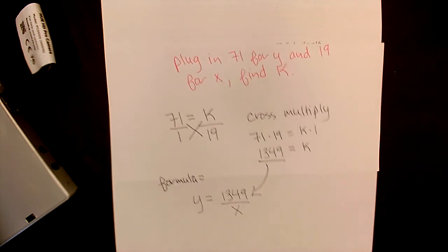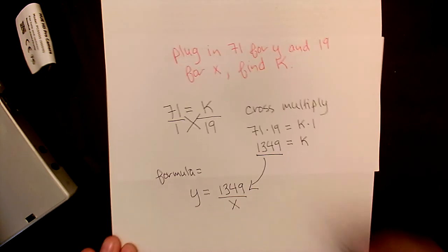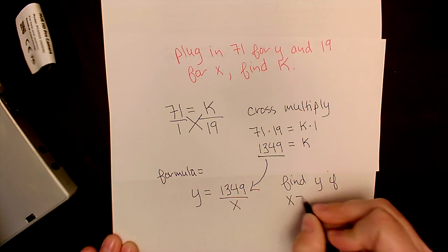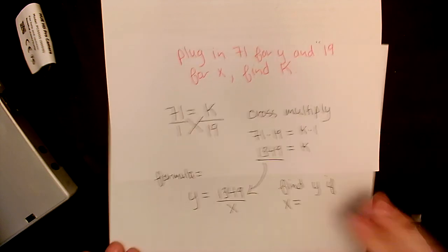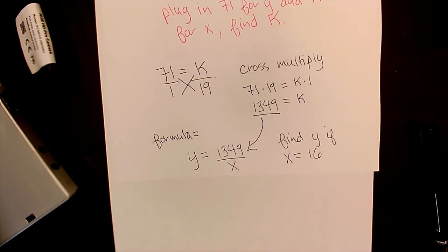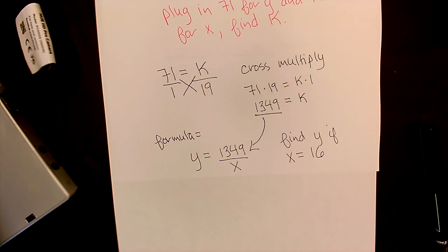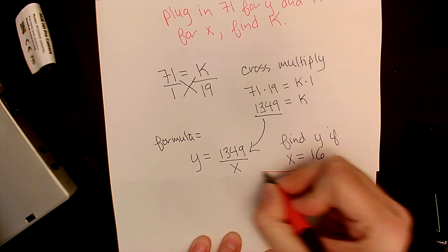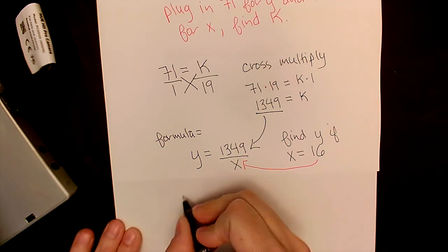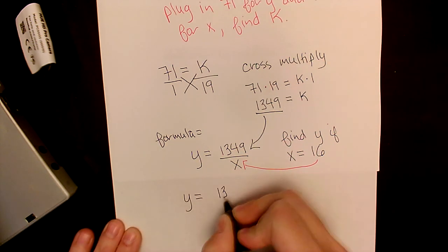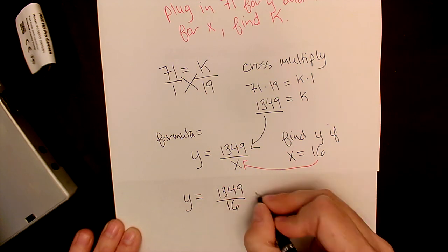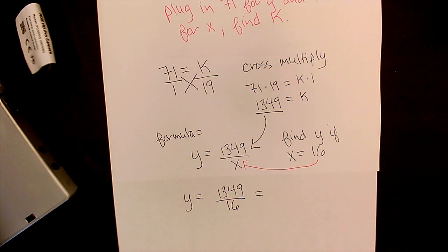So, what else do I need to know? Find y if x equals 16. With my formula, I want to find y if x equals 16. I'm going to take this 16 and plug it in there, and I'm looking for y. So I'm just going to divide 1349 by 16 and see what I get.